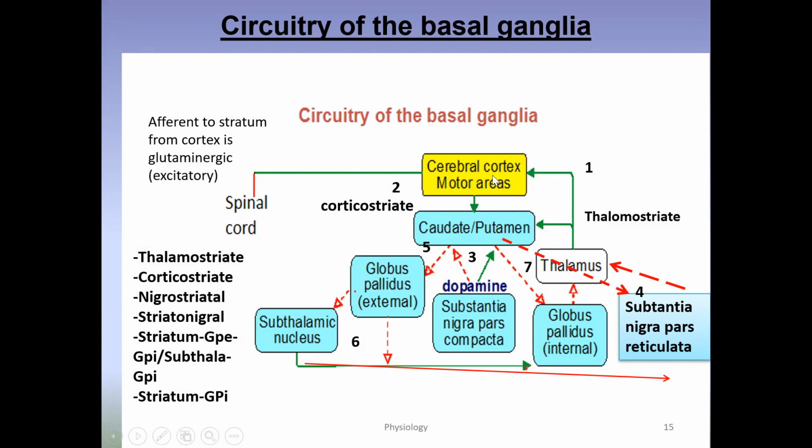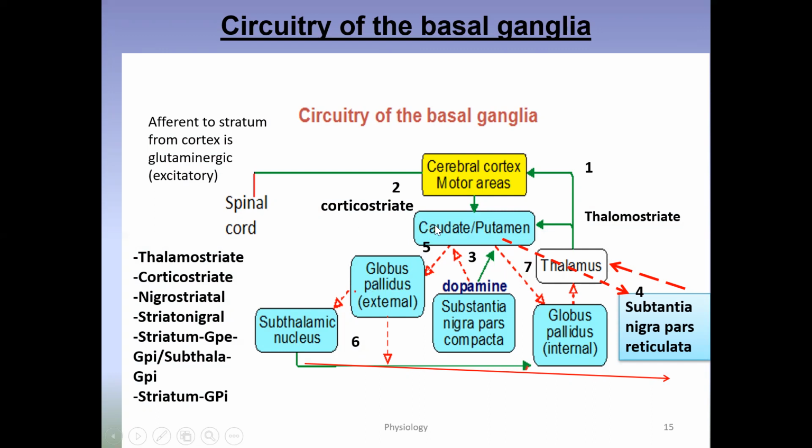Now, whenever there is excitation of the striatum via the cortex or thalamus, that is corticostriate or thalamostriate, the striatum sends an inhibitory signal to the globus pallidus external segment. That causes inhibition of the globus pallidus external segment, and because of that there is no inhibitory signal to the subthalamic nucleus. That is called disinhibition.